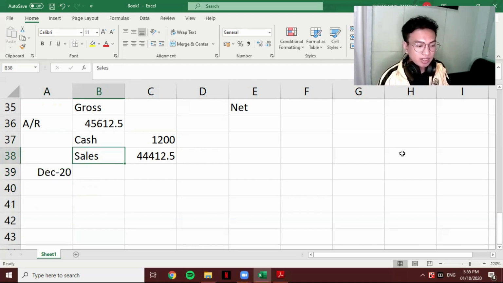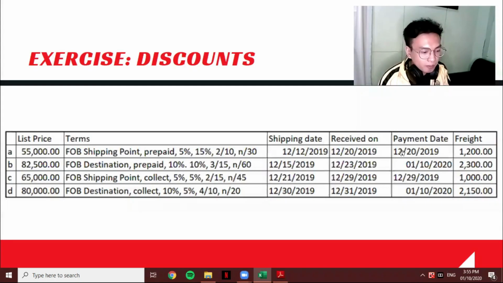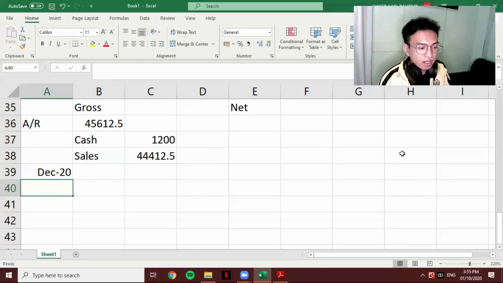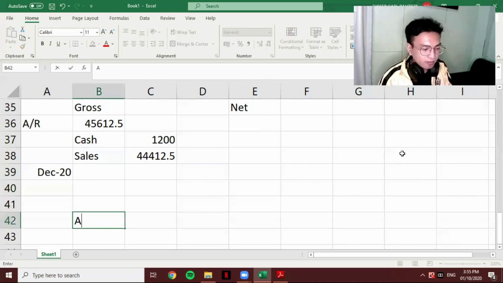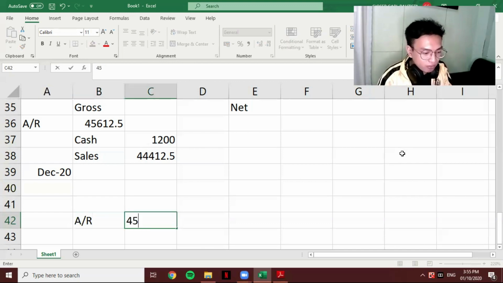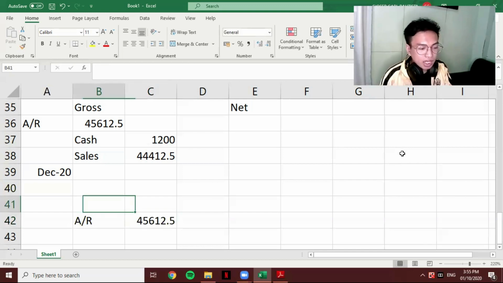Your sales discount is only based on your sales. You are given further 2% discount. Therefore, your AR, that is 45,612.5, is paid as follows by your customer.